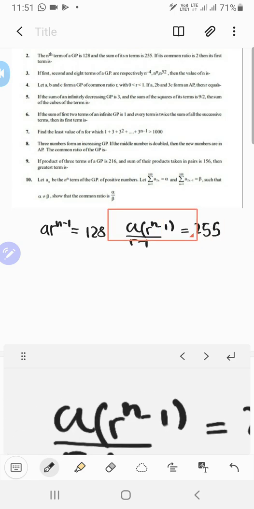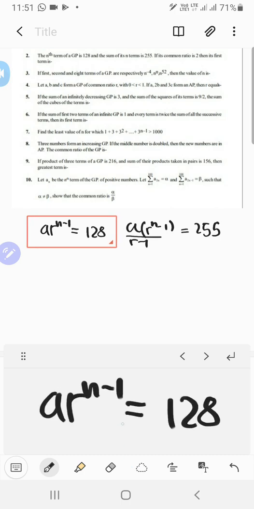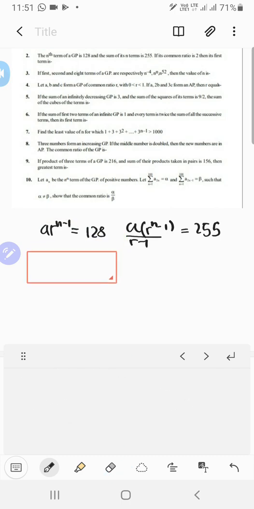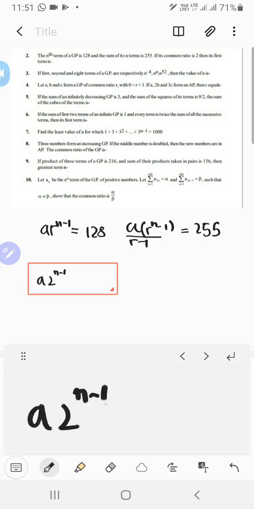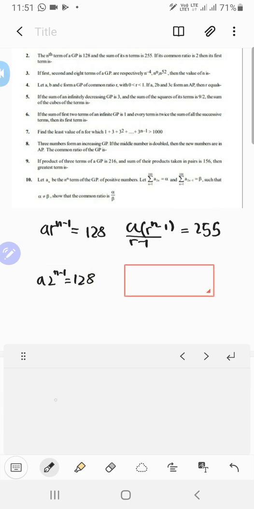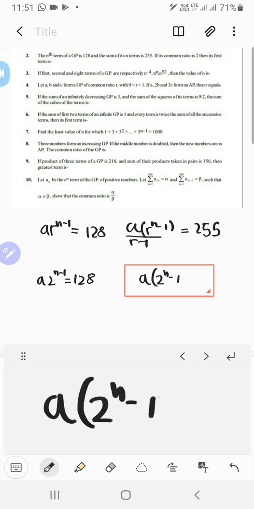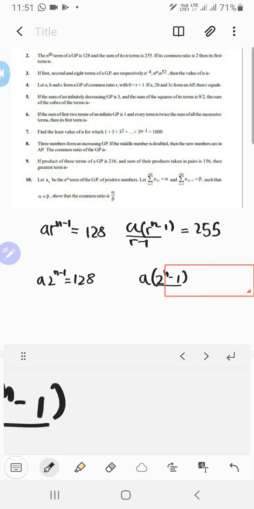We are also given the common ratio is 2, so we will just replace this r by 2 everywhere. So you get a times 2 to the n minus 1 is 128, and a times 2 to the n minus 1 over 2 minus 1, which is just 1, that is equal to 255.